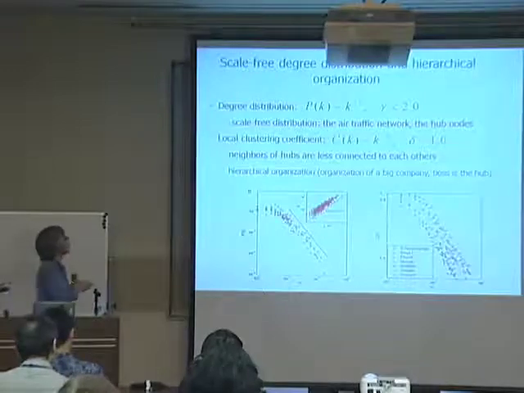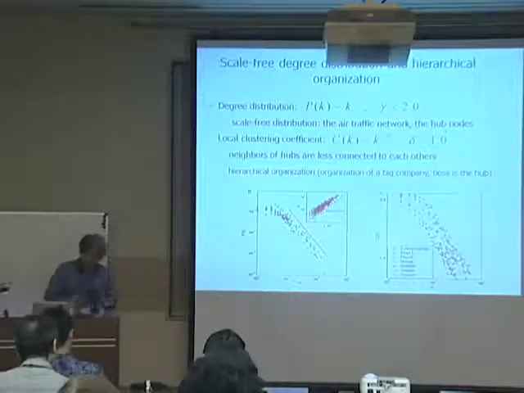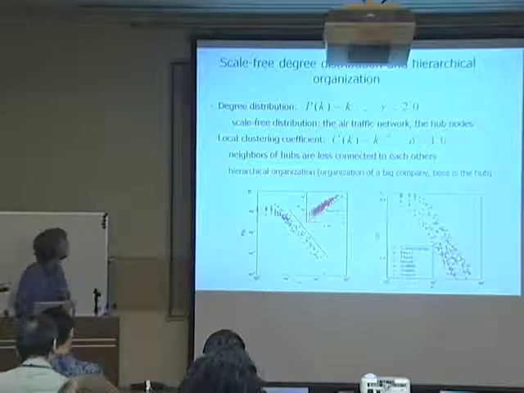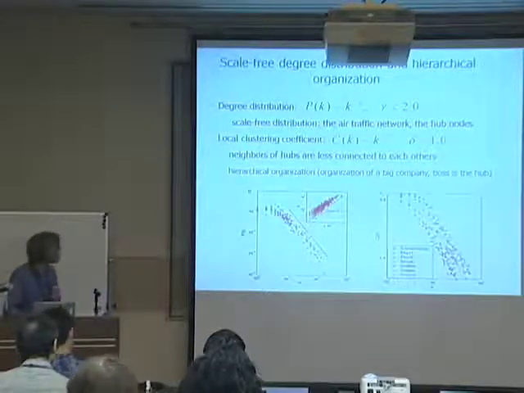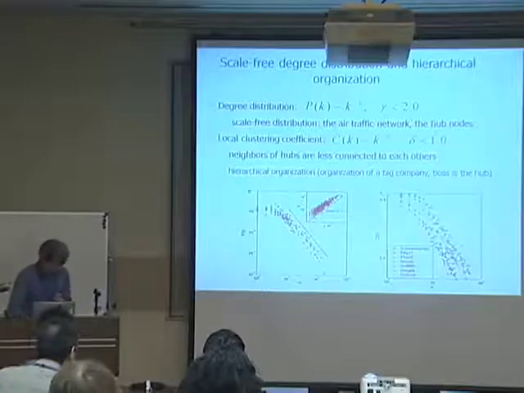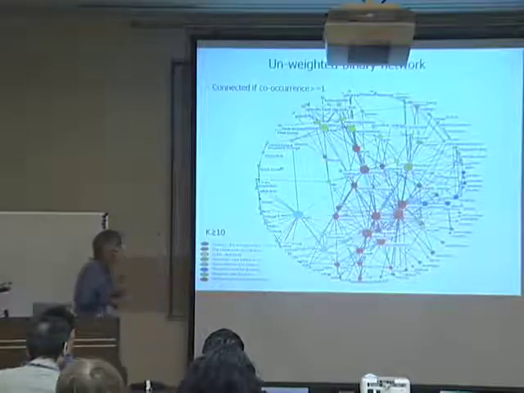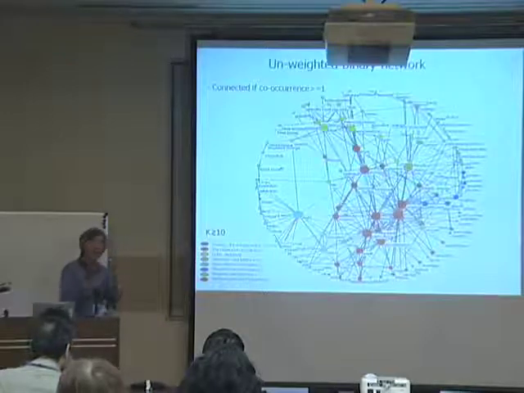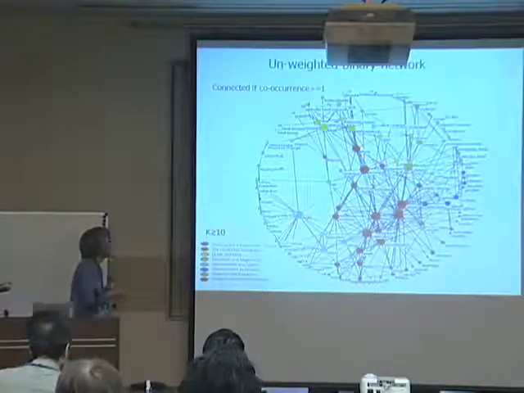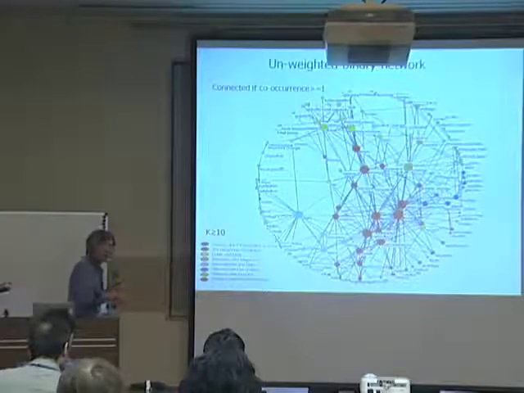Another measure we calculate is the local clustering coefficient. The local clustering coefficient is defined as the fraction of connections between neighbors. For example, here, this node has many neighbors, and we ask how many of them are connected to each other.